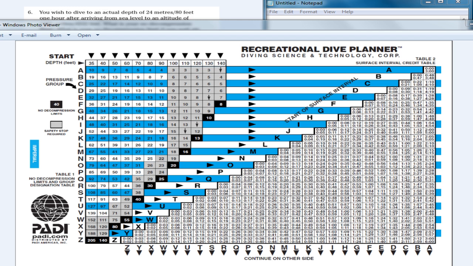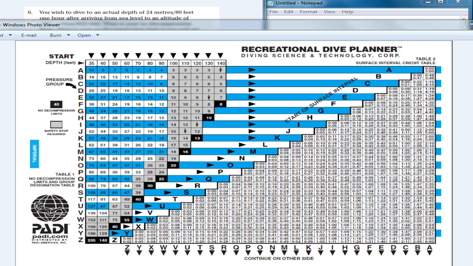When I first started, they start you off telling you about what all the equipment is, but then the recreational dive planner, I looked at that thing and I was like, is this some bingo board on steroids? It was one of those things where I thought I got it, and then I wouldn't use it for a while, and then I came back to it, and it took a while to actually get the hang of it.